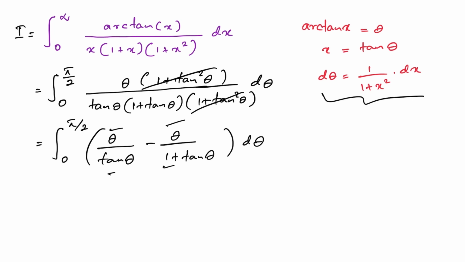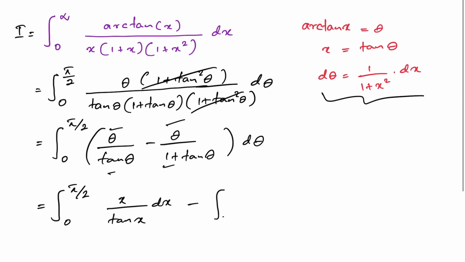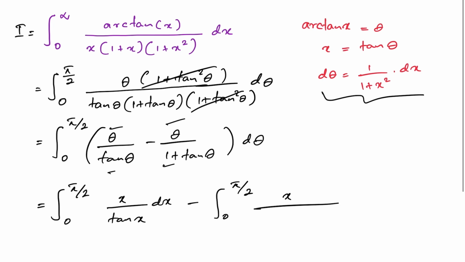Okay, then let's break this integral into two different integrals. At the same time we know a definite integral is independent of the variable, so instead of theta we can use x. So we can write this as the integral from 0 to pi over 2 of x over tan of x dx, minus the integral from 0 to pi over 2 of x over 1 plus tan of x dx.